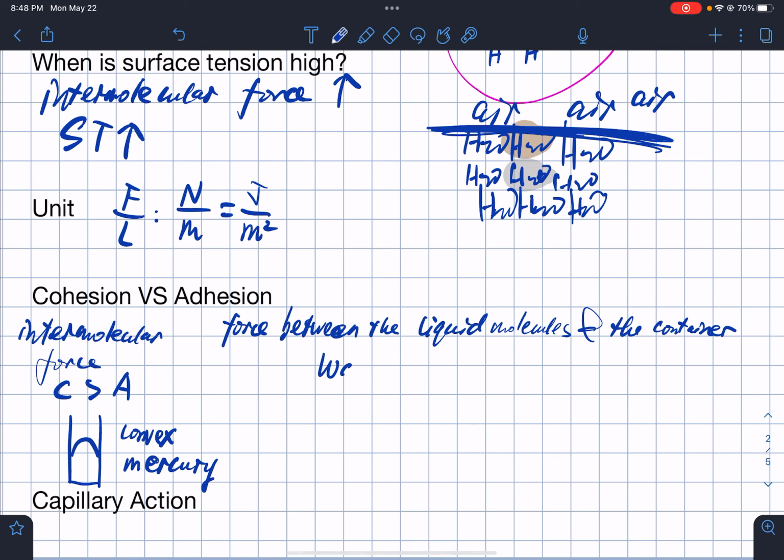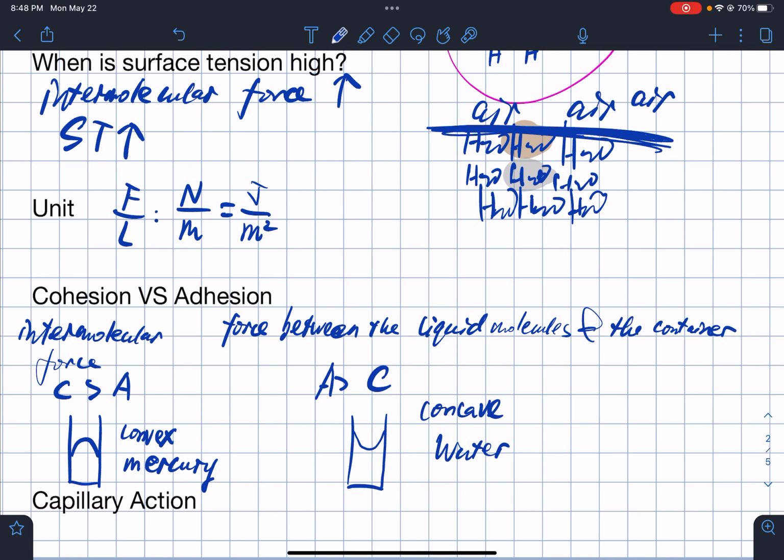Whereas water has a higher adhesive force than cohesive force. If you put water in a container, you will see something like that. Excuse my drawing. This meniscus is convex, I mean concave, sorry. Mercury is convex, and this is concave in the case of water, which means a water molecule enjoys hanging out with the container more than with its own buddies.